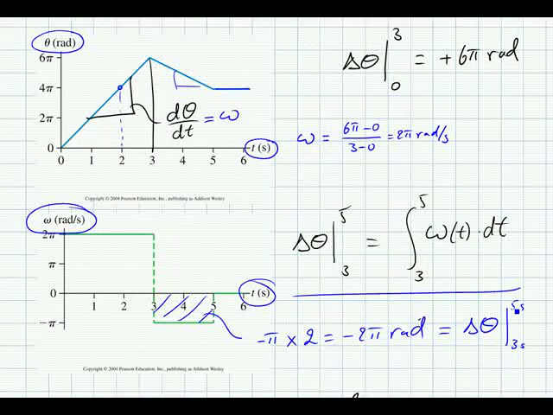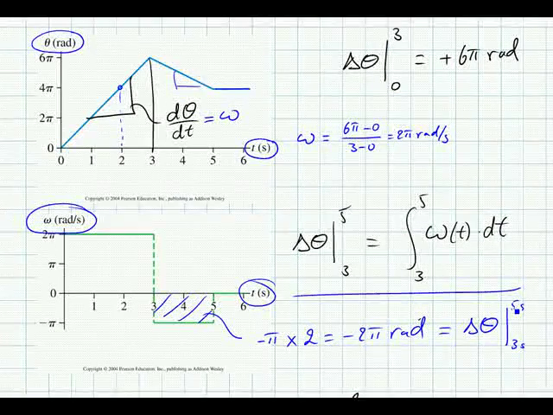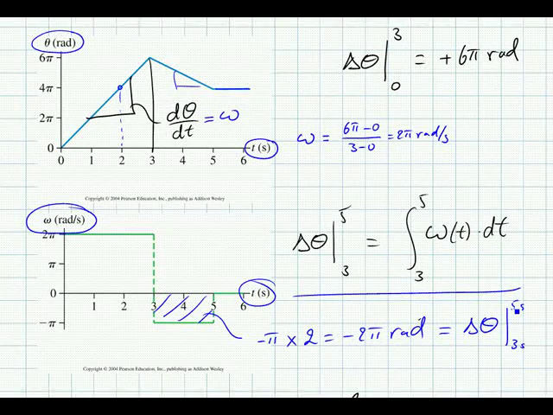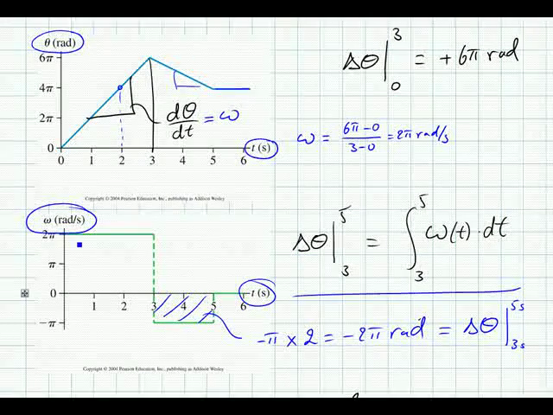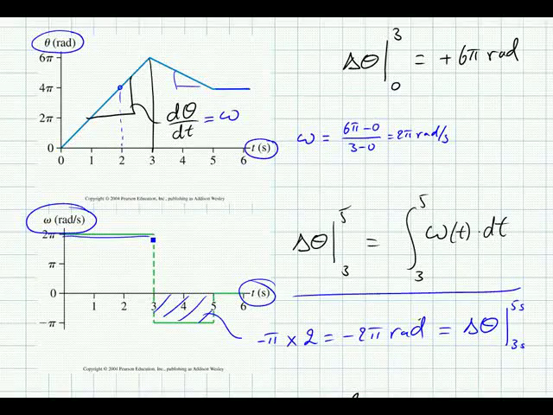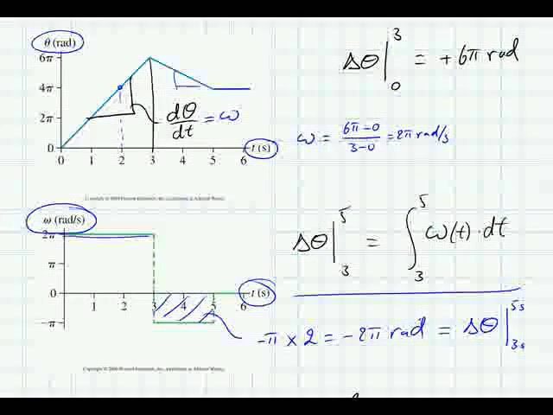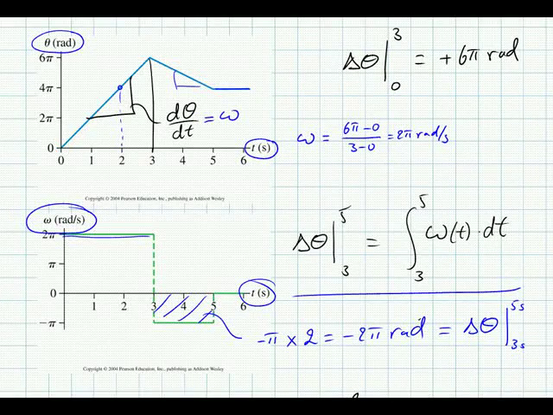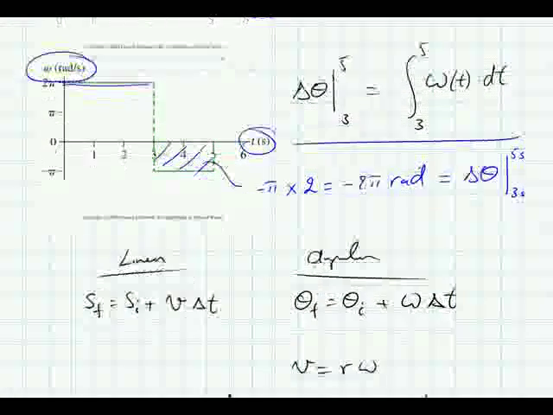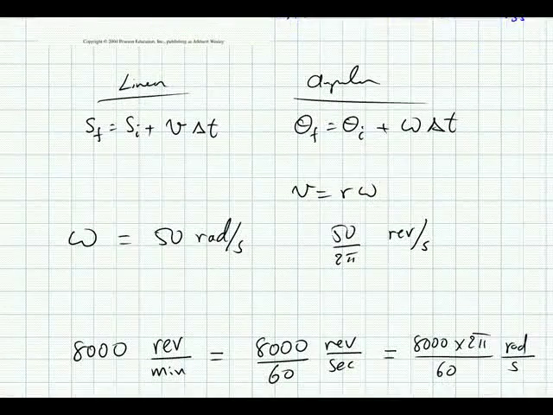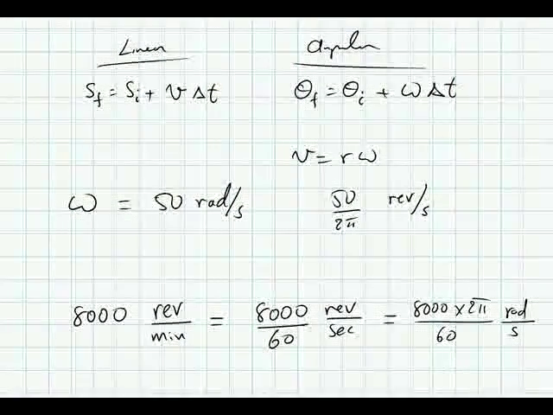So these tricks, as far as the slope of velocity versus time giving you the acceleration, also apply. If you know your angular velocity versus time, over here of course our angular acceleration would be 0 because it's a flat line, and the area under the curve rule that we learned for linear motion also applies. So there's a tremendous amount of analogy between linear and circular motion.